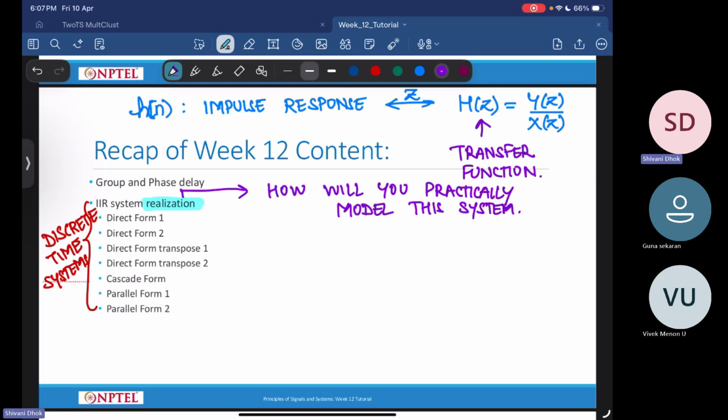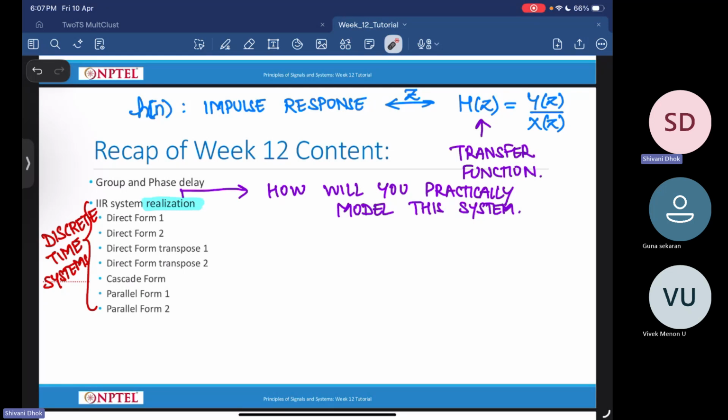We looked at around 7 different forms of realizing this system. The first one was the simplest one, direct form 1. The second one was direct form 2, and this direct form 2 enabled us to reduce the number of adders and delay blocks. Then we looked at direct form 1 transpose, direct form transpose 2. Then we looked at cascaded form, parallel form 1, parallel form 2. So these are the 7 forms that we looked at.